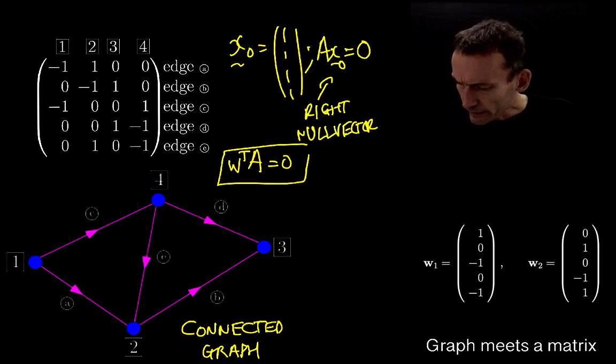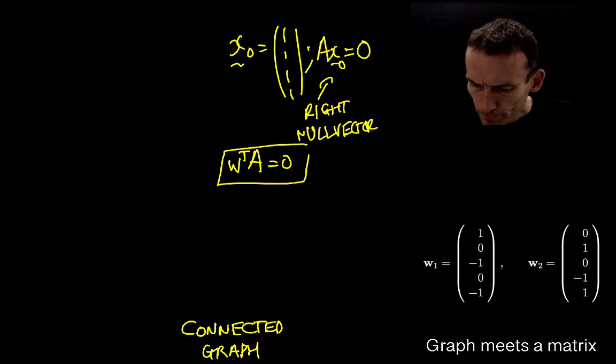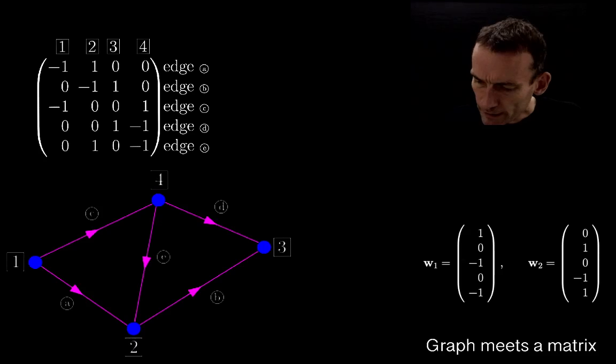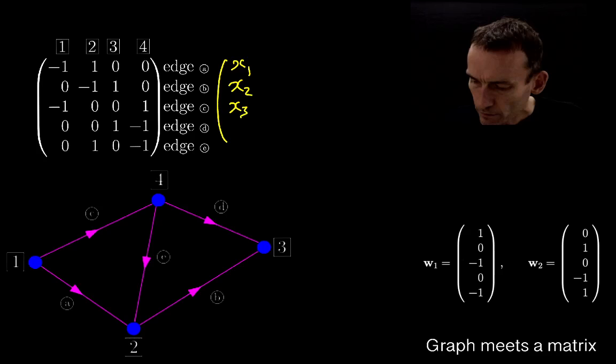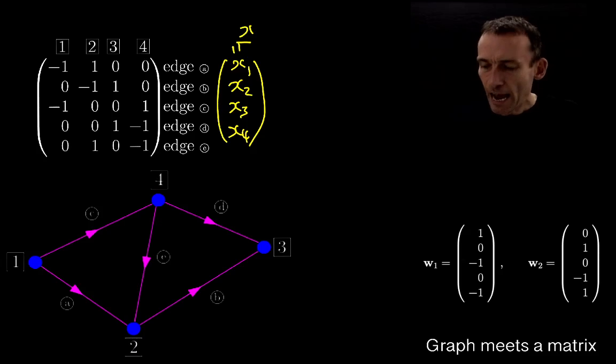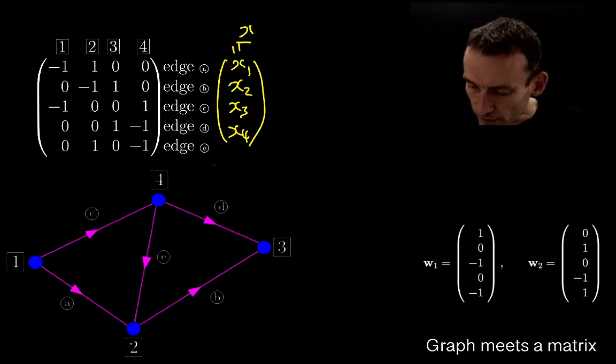Well, what does all this mean? Let's look at the right null space first. Suppose I take some vector x. Each element of this is going to be called a potential.